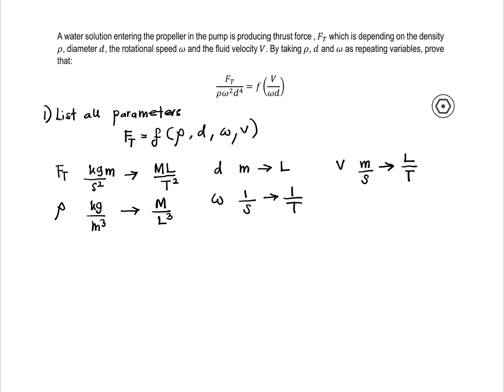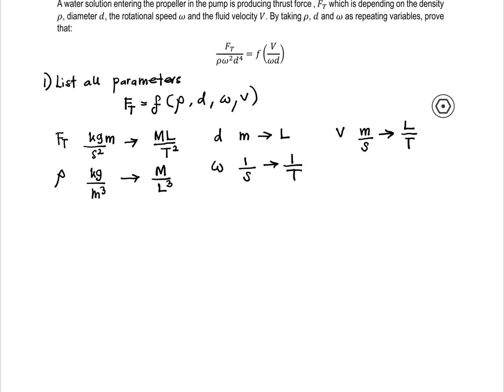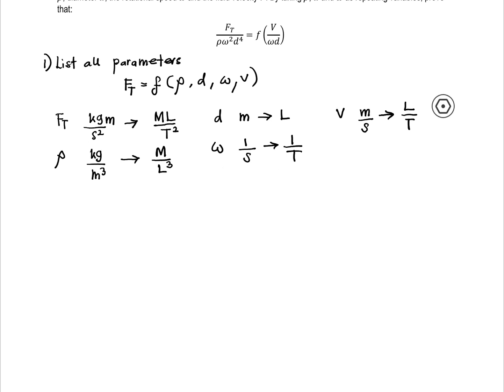So we have listed all the units with the primary dimensions. Next, what we are going to do is find the number n. N represents how many parameters are in our solution.